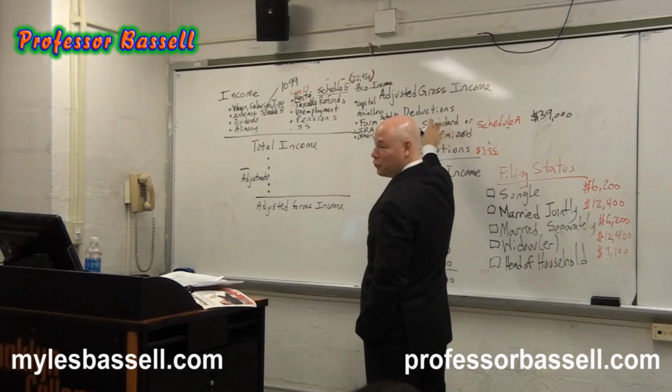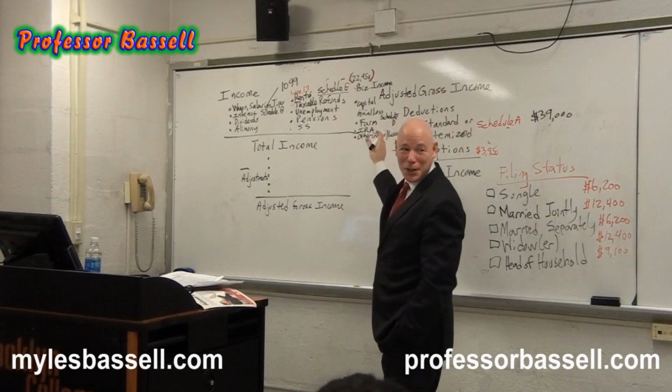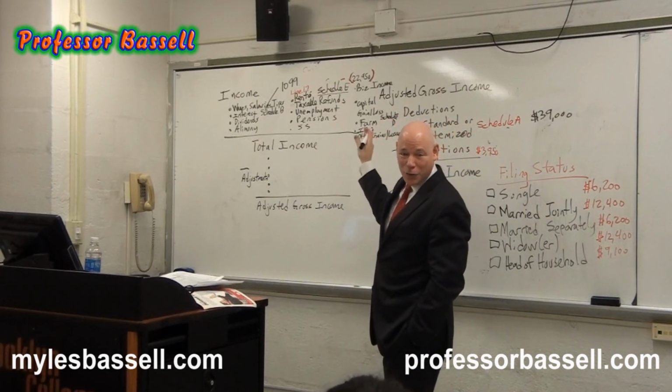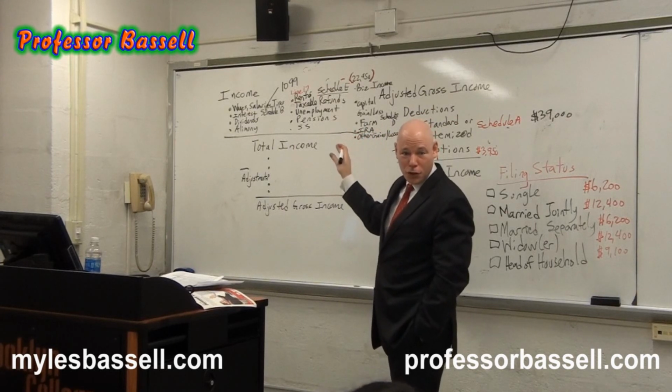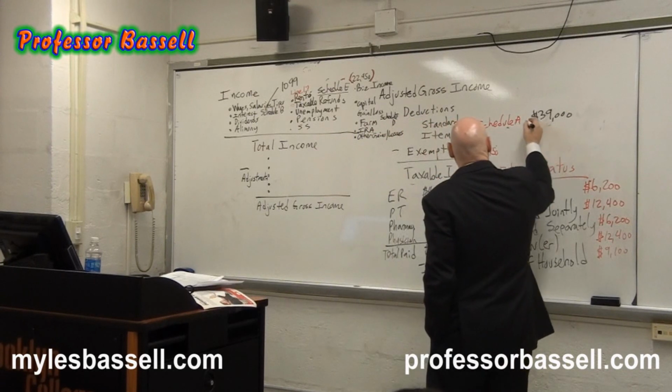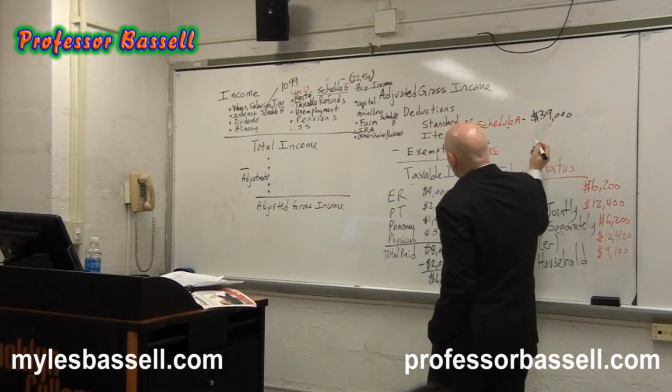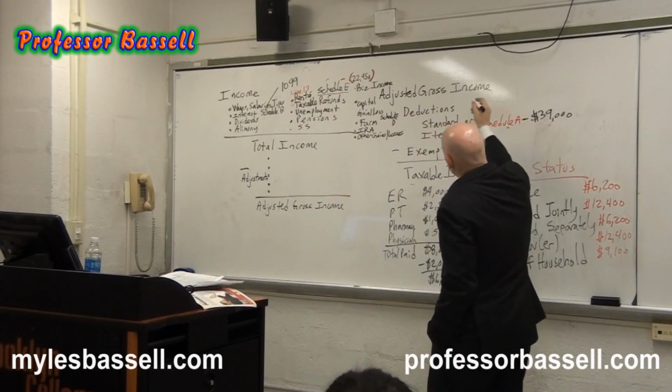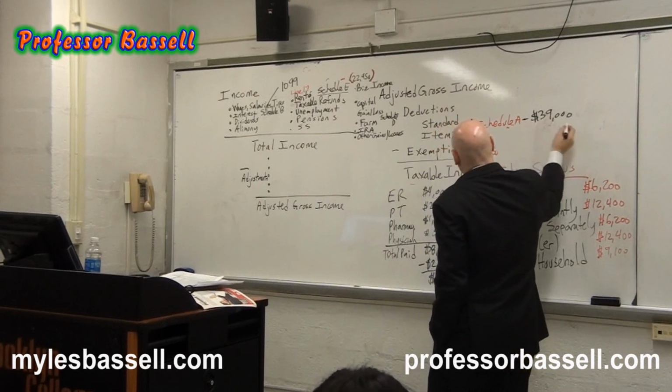You can't take both standard deduction and itemized. It's either or. So if you do standard, you can't do itemized. In this case, it makes a lot of sense, $39,000. So we're going to reduce our AGI by $39,000.